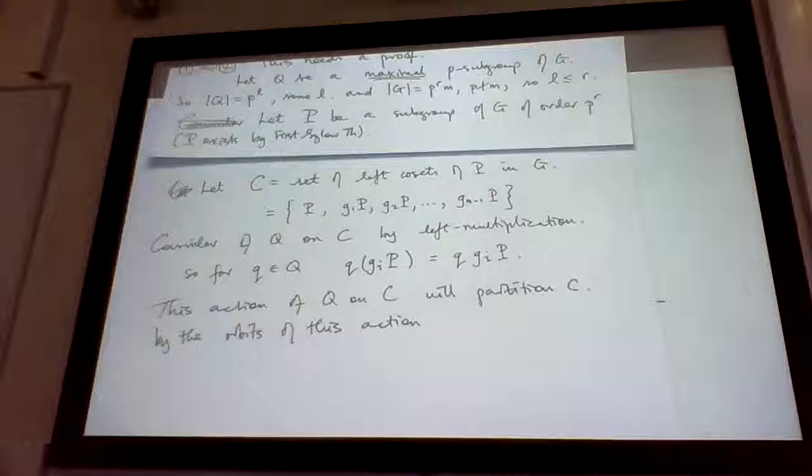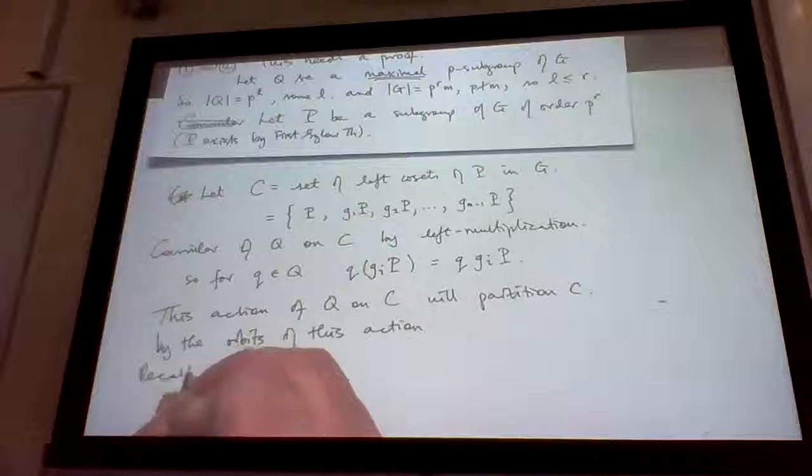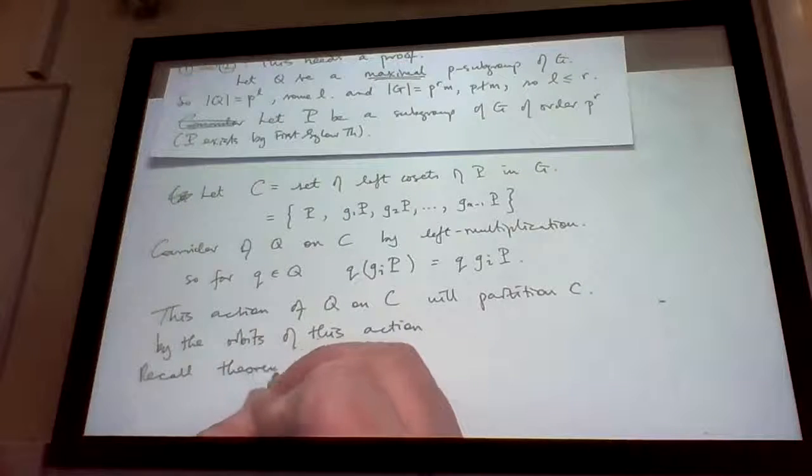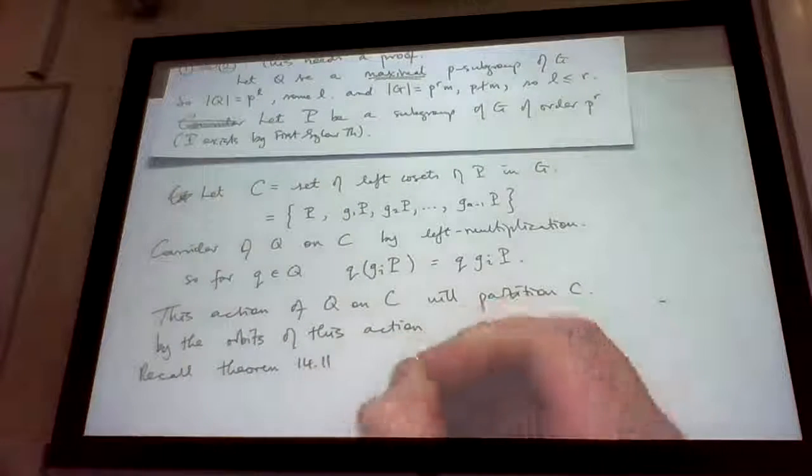We understand how orbits get their sizes. I know what it is, I'm just looking for the reference. Theorem 14.11, the orbit-stabilizer theorem.